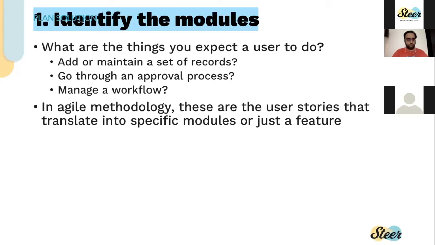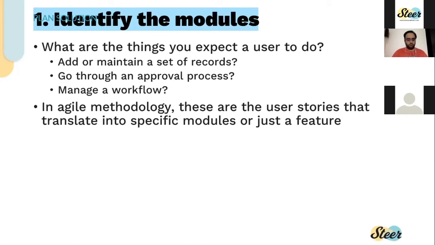So we can start by asking questions: what are the things that you expect a user to do? Would they have to maintain a set of information related to what they're trying to do? Do they need to go through a process where they need to review or approve a request?